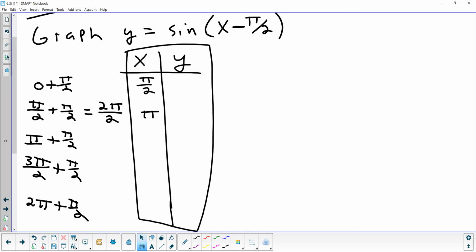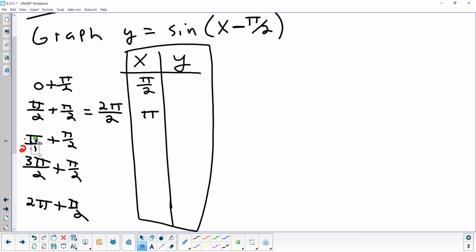Okay, next one. Pi plus pi over 2. Pi is not even a fraction, so what can you always put in the bottom to make something a fraction? You can put a 1. And what's my common denominator between 1 and 2? Yep, 2. This already has a 2. What would you have to multiply top and bottom by to make that a 2?